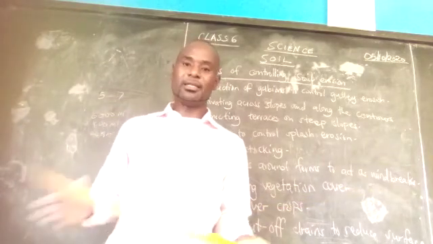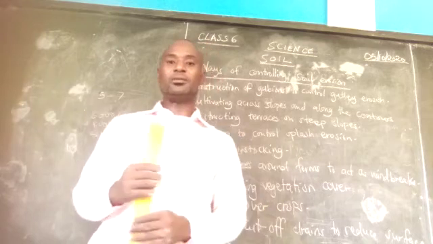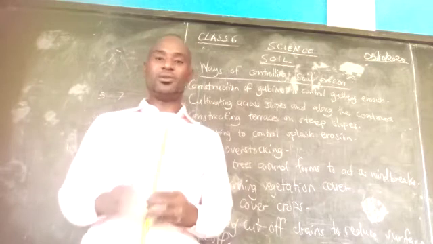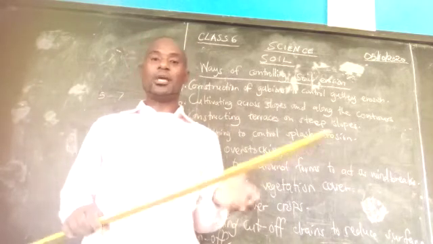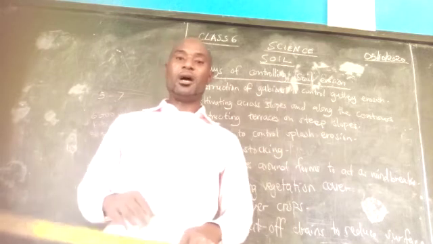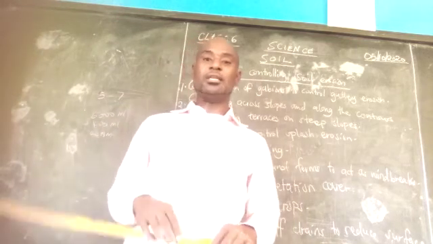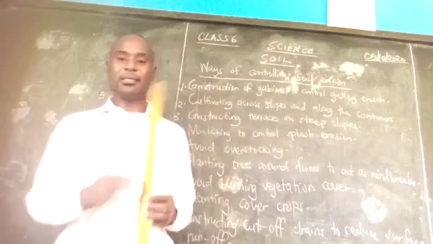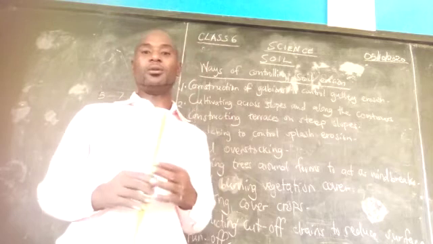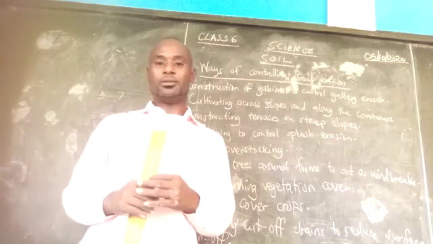Now, we started discussing soil, and we have been discussing soil erosion. We have also discussed the types of soil erosion. Today, I want us to discuss how to control soil erosion.